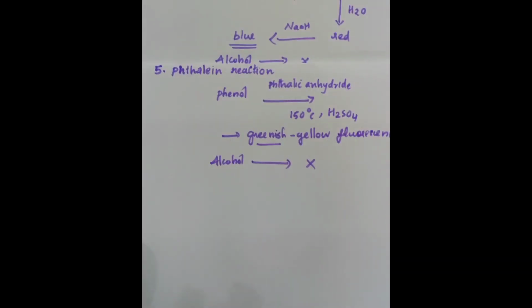These are the identification tests for phenols, that is, the distinction between phenols and alcohols. We can identify or confirm phenols from alcohol with all these tests. Alcohols do not react in the litmus test, the reaction with neutral ferric chloride, the bromine water test, the Liebermann nitroso reaction or the Phthalein reaction.